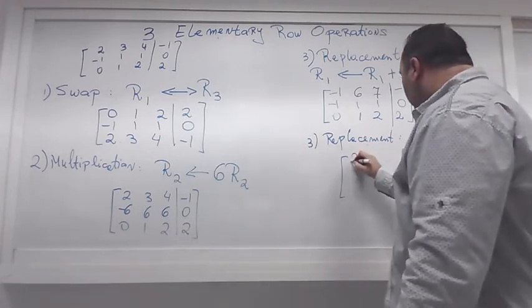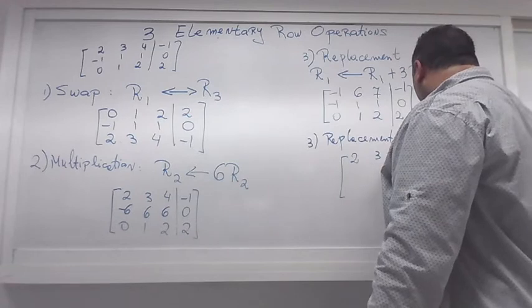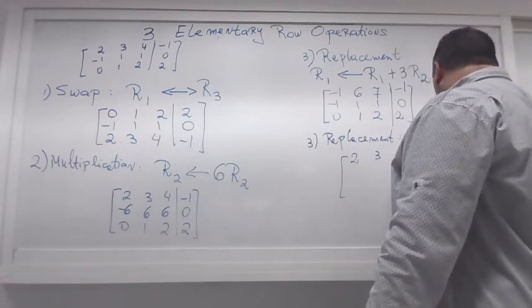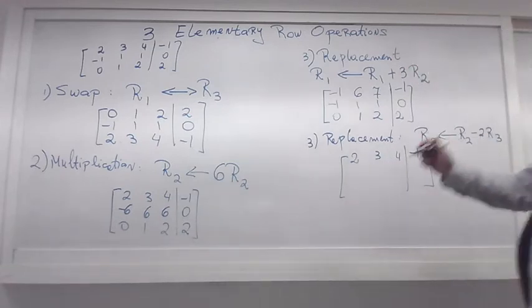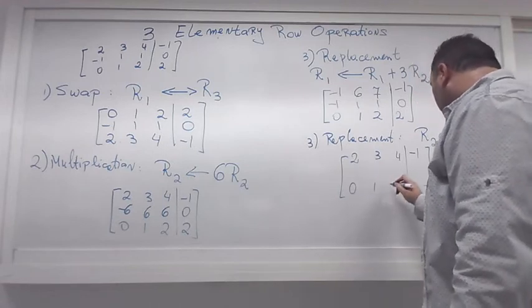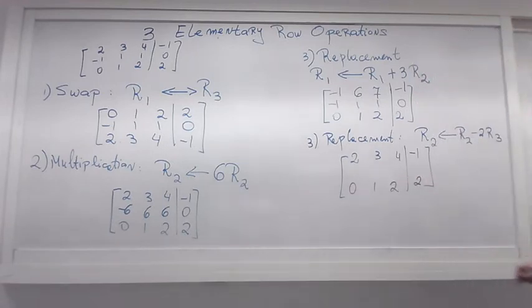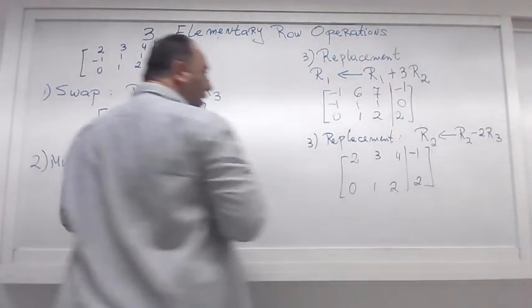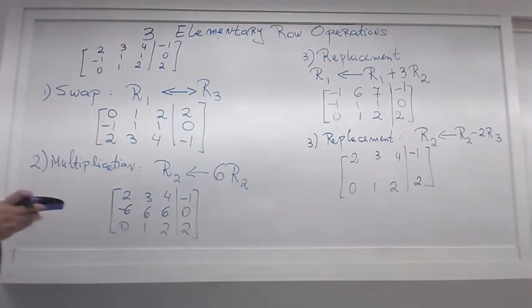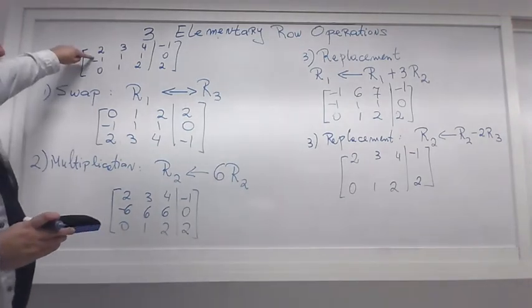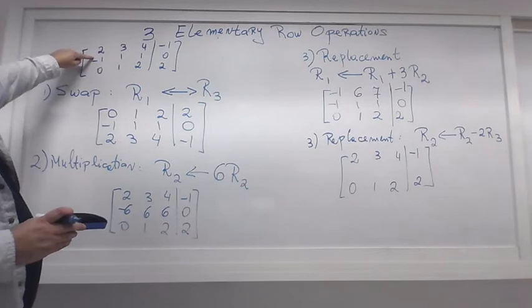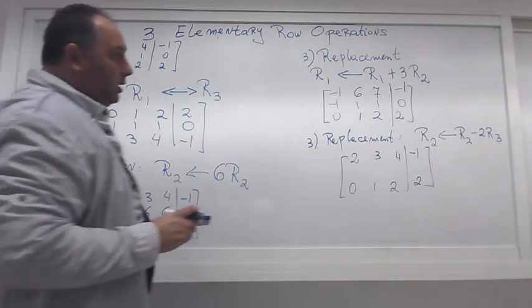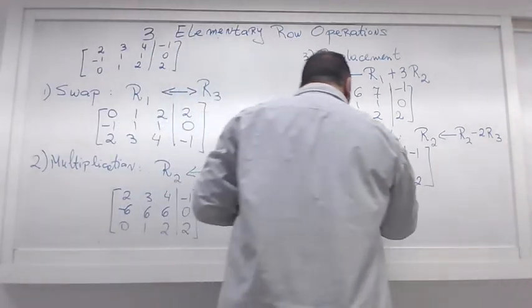Row 1 is not, so 2, 3, 4, minus 1. And row 3 is not changing, so I keep it. So row 2 is changing. Okay, how is it changing? Well, I take it and then I subtract 2 times the value from row 3. So I have minus 1, minus 2 times 0. Well, minus 2 times 0 is 0, so I keep minus 1.